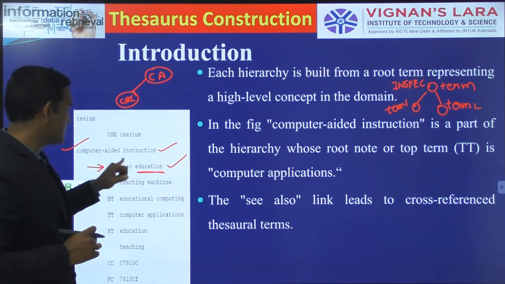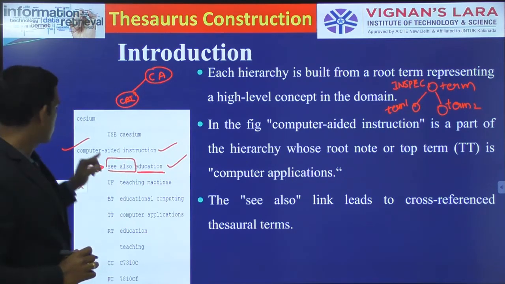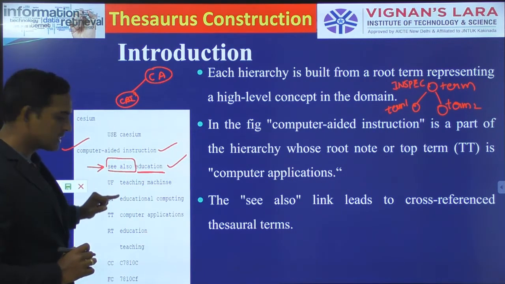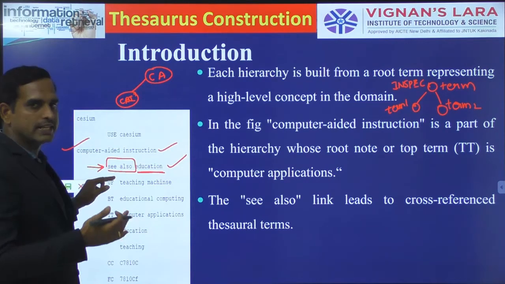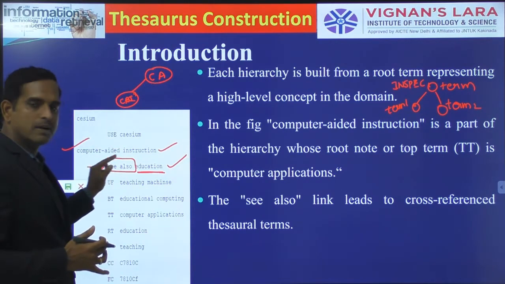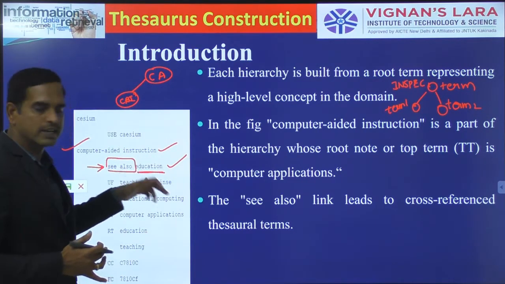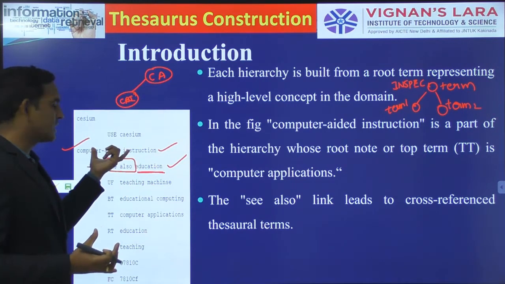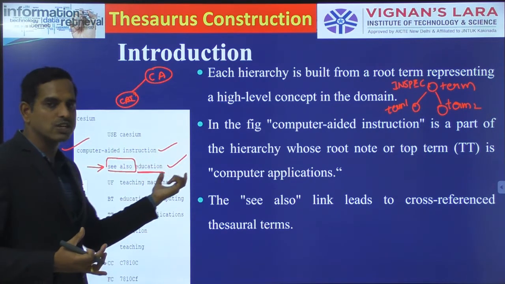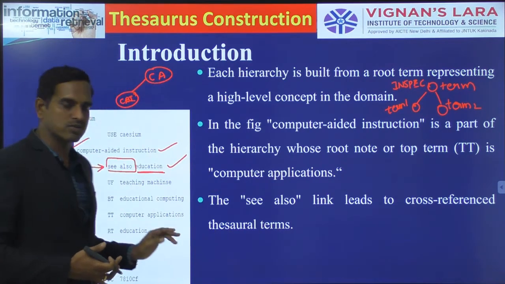This is what the C also link refers to. For each and every word we have these terms. So for computer aided instruction or any other term, C also means we can also refer to these terms in the thesaurus. That is the meaning of C also.